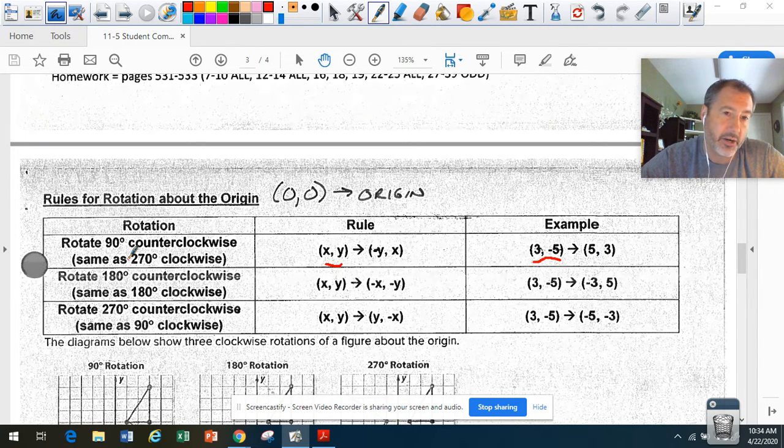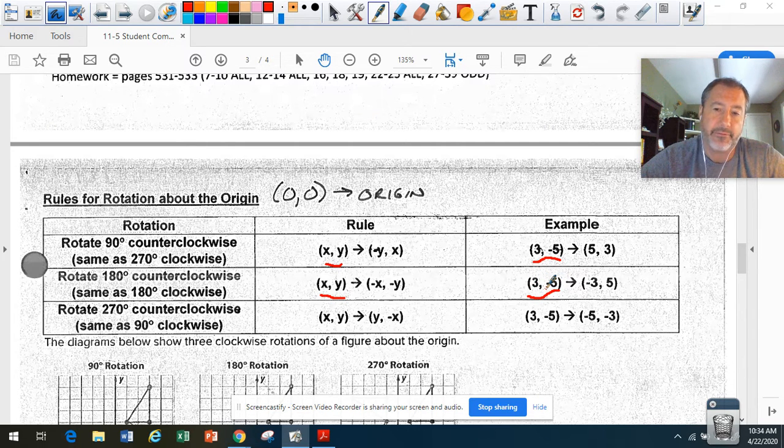Let's look down here at the next one. Rotate 180 degrees counterclockwise, which is the same as going 180 degrees clockwise. All it says here, you have your original, your X and your Y. It says do the opposite of each one. So make X the opposite, make the Y the opposite. If we take a look here, it says 3, negative 5.